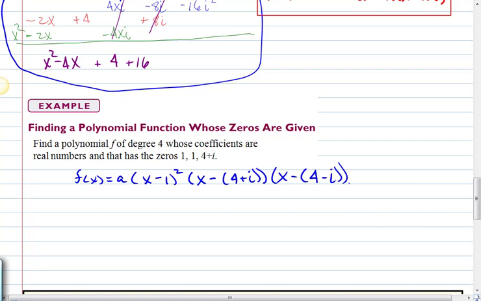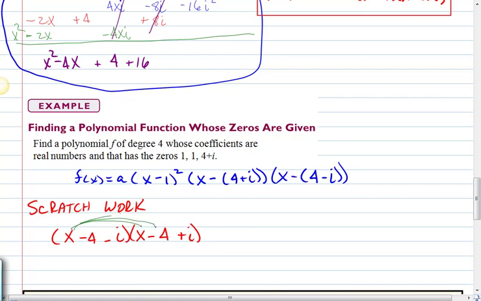If I asked you to find a real polynomial, which is what I'm intending you to do here, we would need to do what to these numbers? FOIL it out. Let's get the quadratic that this comes from. So when I FOIL this out, if you want to do it sideways, you can. We're going to distribute the x, and that's going to give us x squared minus 4x plus xi.